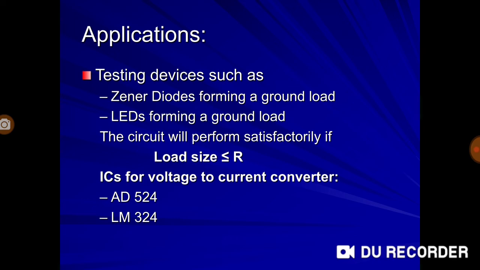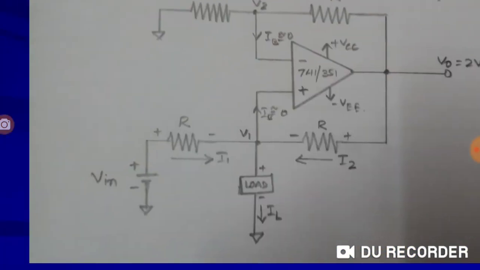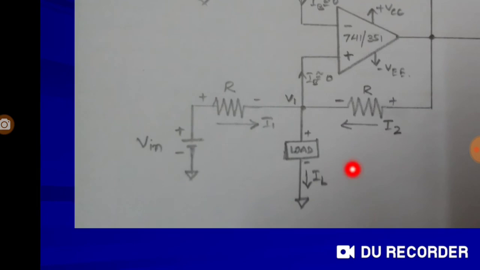Now, if you look at the circuit, why do we say so? Here the load is over here, and these are the resistances R. The load has to be lesser than or of almost similar value as R, because only then will the current flow through it and we'll have a load current going to the ground.